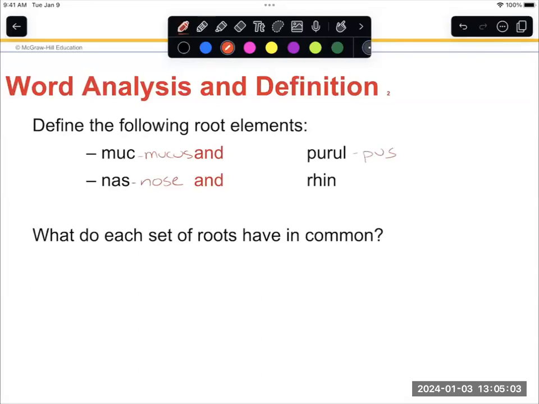Pyo, pyural, and rhino also means nose. These two, muco and pyural, both refer to a form of discharge, while naso and rhino both refer to the nose.